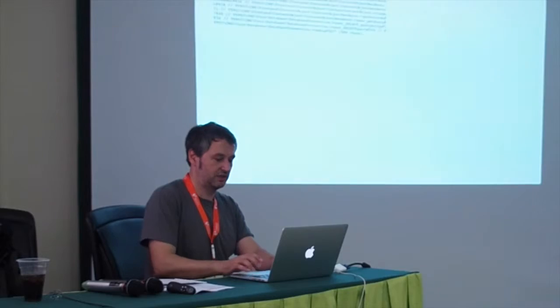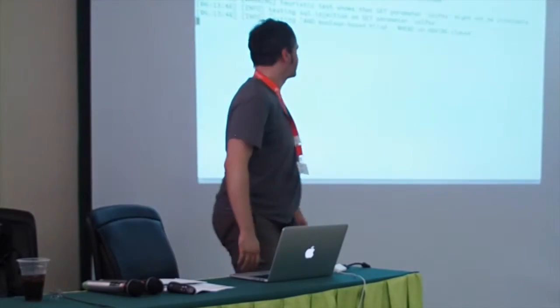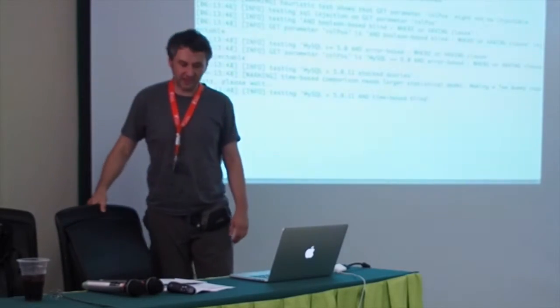So if we go back here, it's basically the state, right? And it tries to provide some different values here to find if there's a vulnerability. Okay, then I can just fire it off. And it does some magic things.